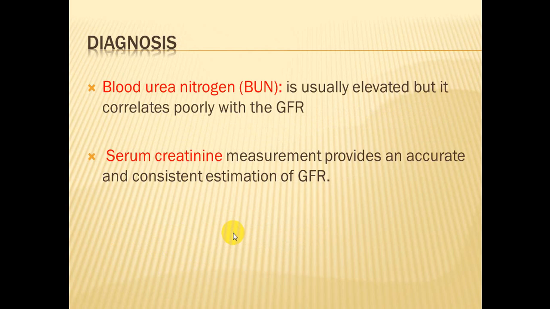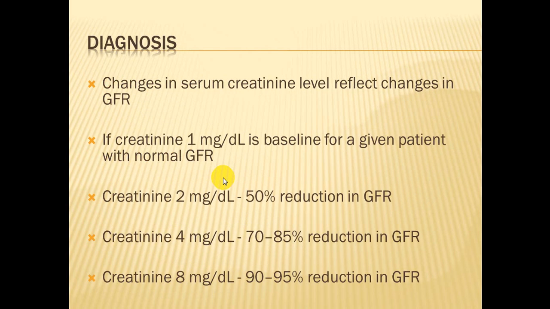Blood urea nitrogen is usually elevated, but it correlates poorly with the GFR. Serum creatinine measurement provides an accurate and constant estimation of GFR. Change in the serum creatinine level reflects the change in the GFR. Let me show this equation.